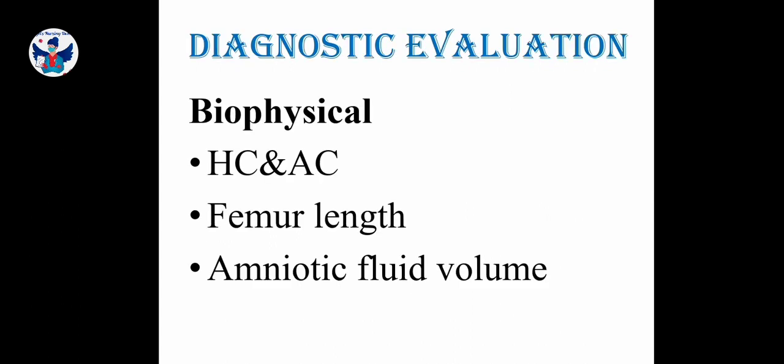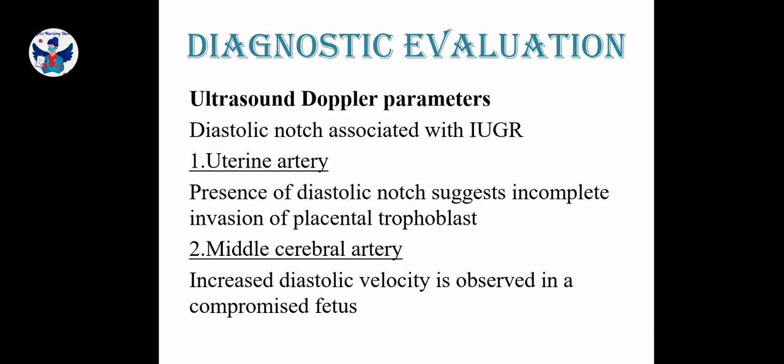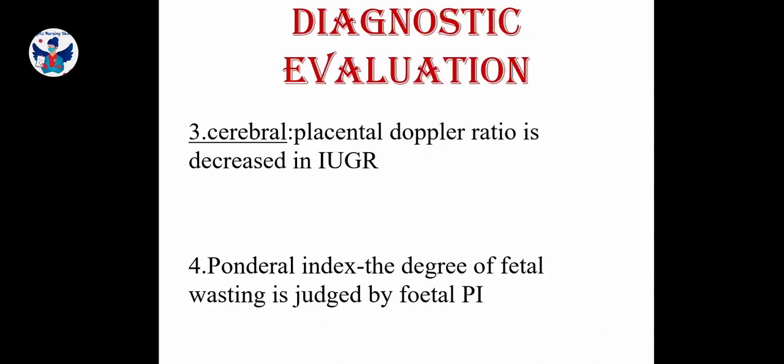Next, biophysical parameters: head circumference and abdominal circumference should be monitored. Femur length is monitored, then amniotic fluid volume is assessed. Next, ultrasound Doppler parameters. So these ultrasound Doppler helps to assess the placental functions, then the blood supply to the placenta, then if there is any fetal wasting, how much degree of fetal wasting is there.